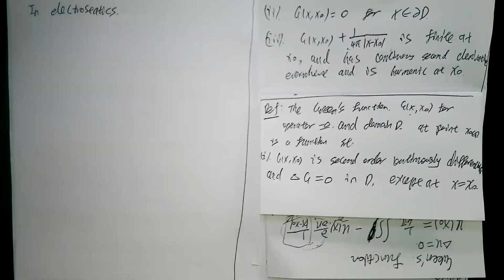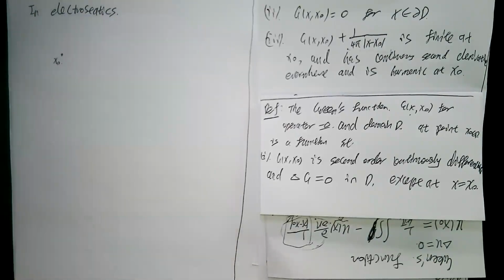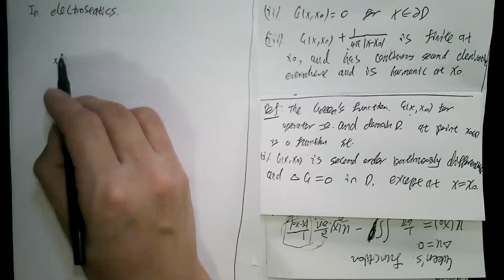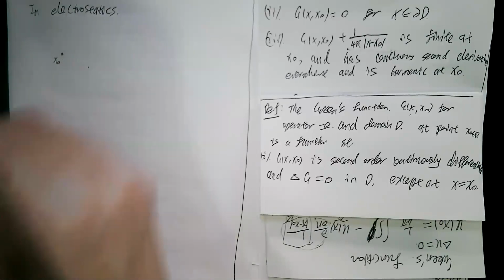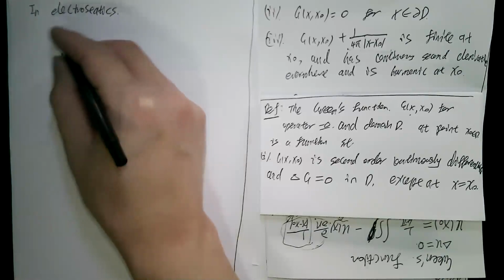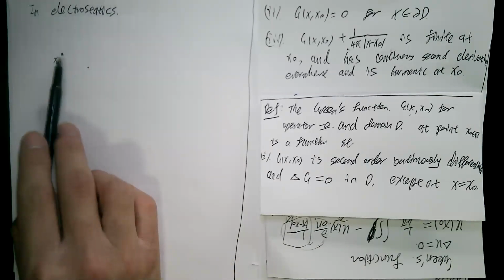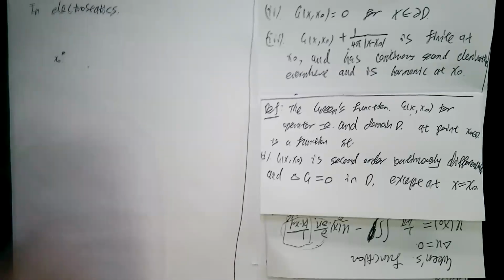When you study an electron in space, you may wonder, if you have an electron at point x0, what can we know about the electric potential caused by this single electron at some point other than x0? It really depends on the domain.